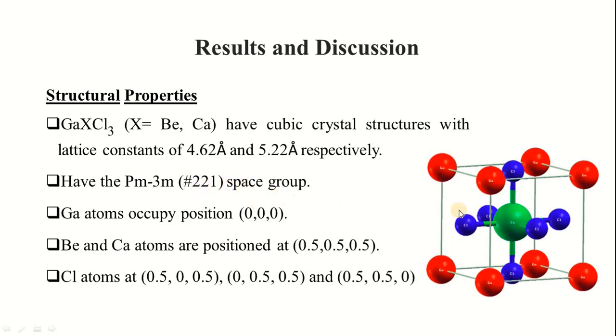The Ga atom is located at position 0, 0, 0 and Be and Ca are located at position 0.5, 0.5, 0.5, while the Cl atoms are located at each face of the cube. At one face the position is 0, 0.5, 0.5, at another face the Cl atom's location is 0.5, 0, 0.5, and at the third the Cl atom's location is 0.5, 0.5, 0.